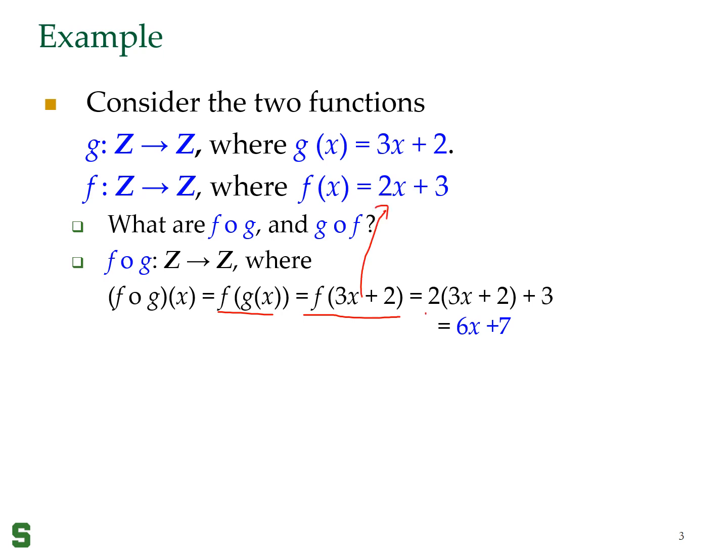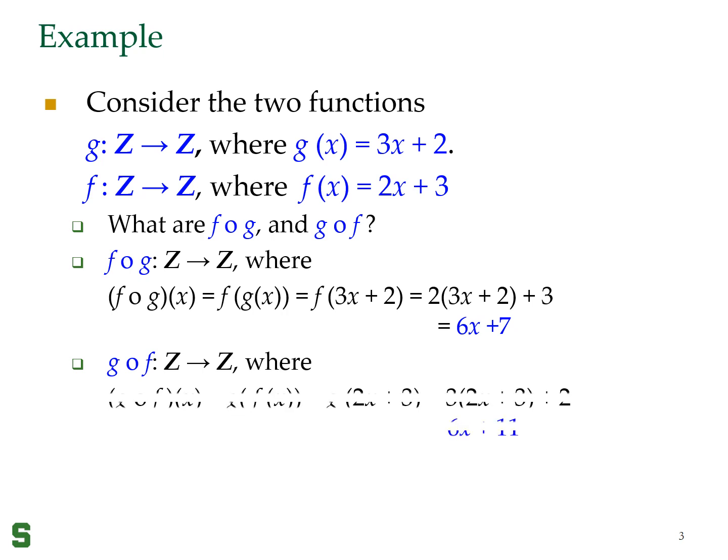That will give me 2 times (3x plus 2) plus 3. So f of g of x is going to be 6x plus 7. G of f, I will have you check the math, will come out to be 6x plus 11.